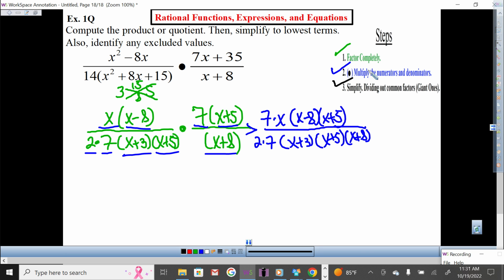Tell your neighbor the giant ones, please. All right, Christopher, giant ones, go. X plus 5. What else? And the 7. Yes.